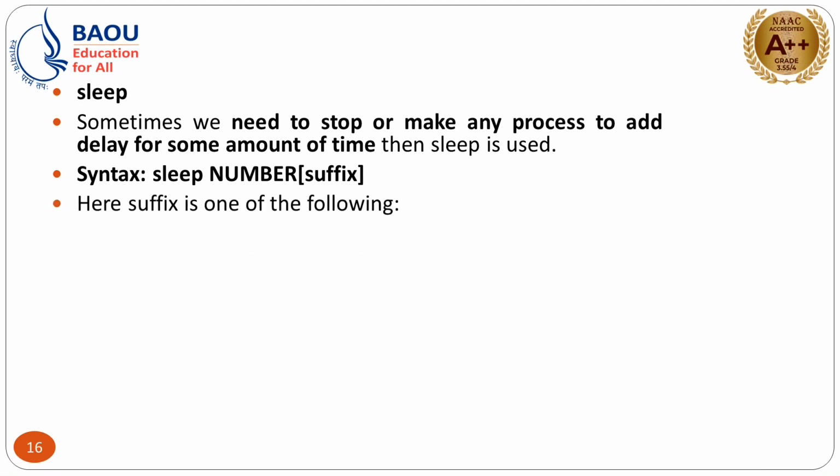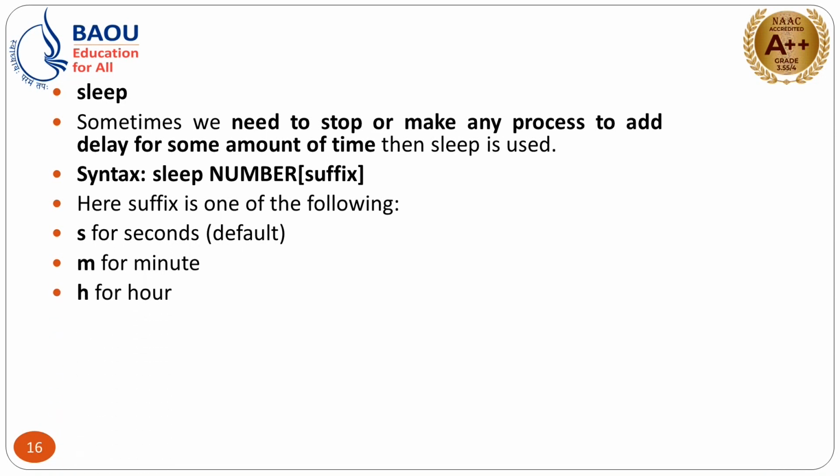Say for example, I am using the sleep command with 100 seconds. That particular command will pause for 100 seconds, and when the 100 seconds have elapsed, it will again execute, right? So that is the basic difference between the sleep and the wait command.